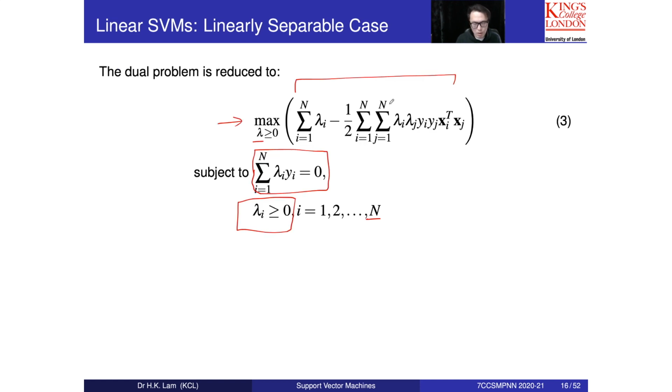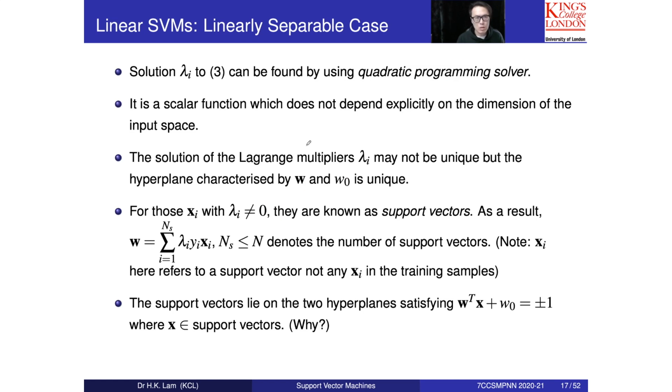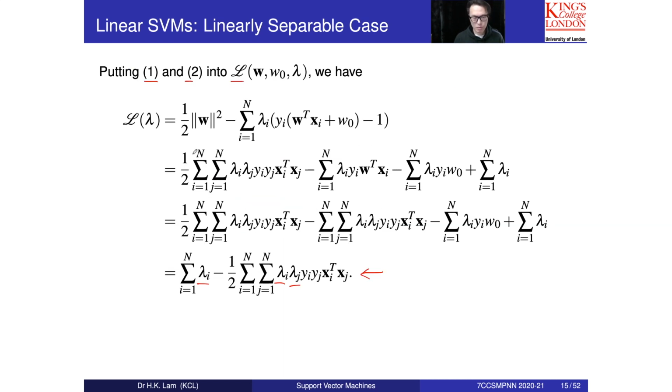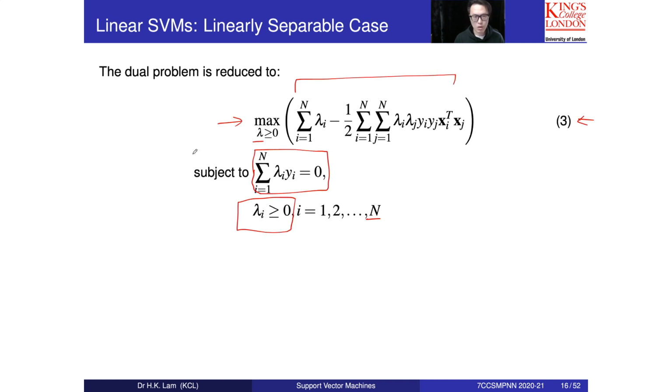Now we are going to look into the details about what we are going to do with respect to 3. Now we come up with a number of observations according to this slide. Lambda I is greater than 0, and we need to find the lambda that maximizes this function.